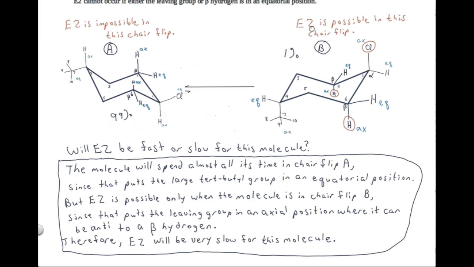If a base happens to bump into the molecule during the 99% of the time when it's in chair flip A, no E2 can occur. E2 can only occur if the base happens to bump into the molecule during this very rare 1% of the time when it's in chair flip B. And as a result, E2 would proceed very, very slowly for this molecule.